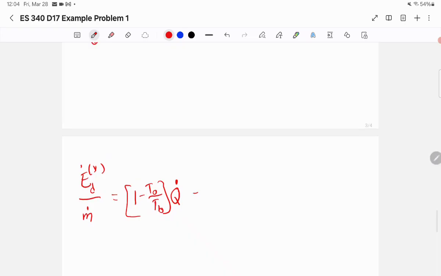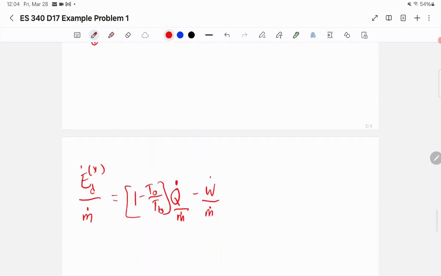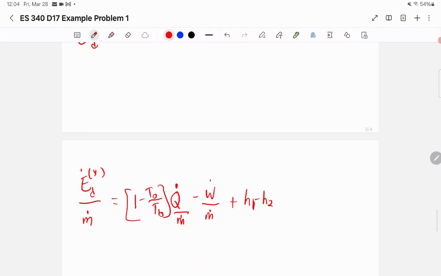Minus W dot over M dot, both of these terms, plus h1 minus h2, plus V1 velocity squared minus V2 velocity squared over 2.